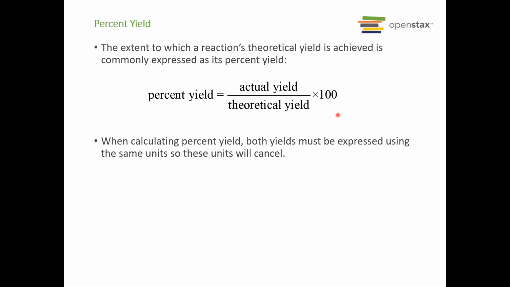I guess you could have moles over moles if that's what you converted your units to, not that you could get that from the balance directly though. Whatever those units are, they're going to be the same on the top and the bottom. And that's why with this percent yield, the unit itself is only going to be that percent sign. So we'll never have percent grams or kilograms percent or anything like that. It'll always just be like 73% yield, or whatever the yield is going to be.